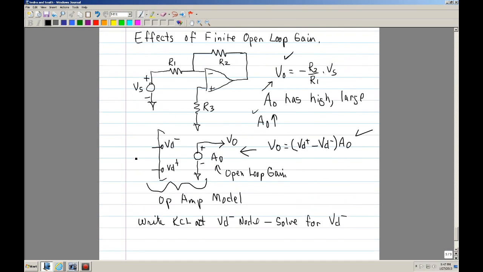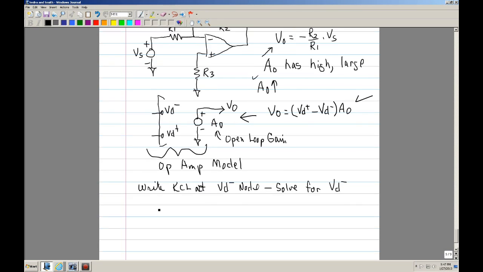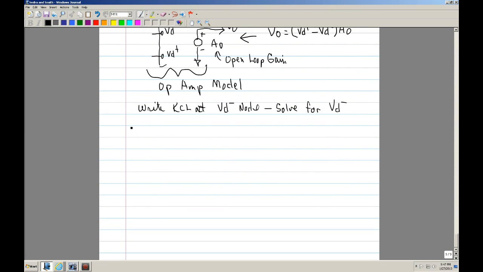Keep in mind that when we're deriving for this circuit, the KCL at the VD minus node says (VD minus VS) divided by R1, plus (VD minus V out) divided by R2, equals 0.